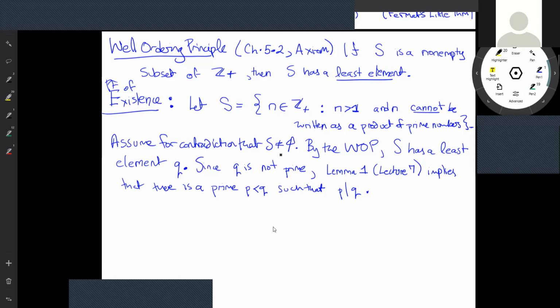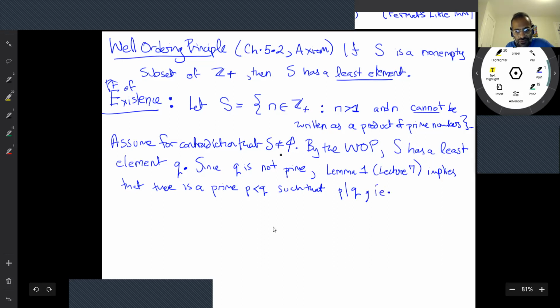Then it's not in S. Sorry, what am I saying? P itself is prime, so P can be written as a product of primes, namely just itself. But now, P divides Q. Actually, I should have asked a different question.